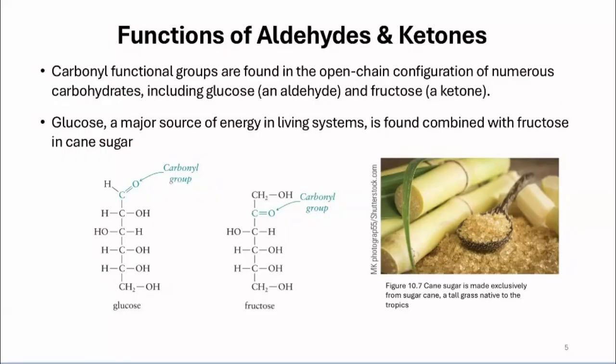Glucose, which is a major source of energy in living systems and is an example of a carbohydrate, has specifically in its structure an aldehyde. On the other hand, fructose, another carbohydrate that we can find in fruits, has a ketone in its structure. And we can see it right here.